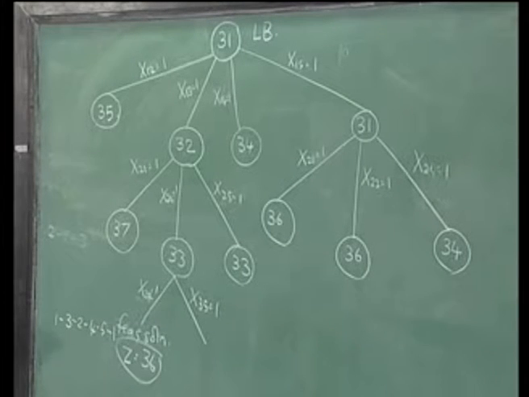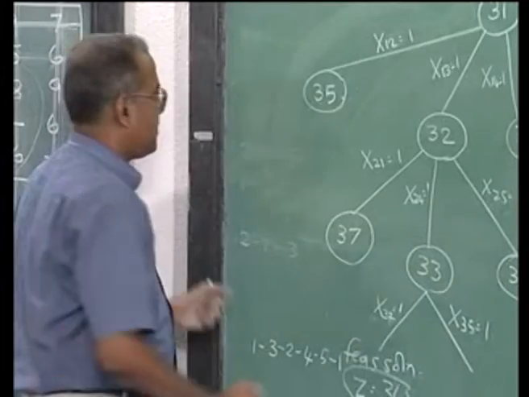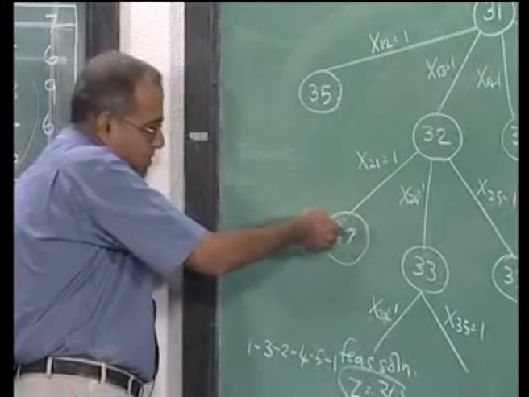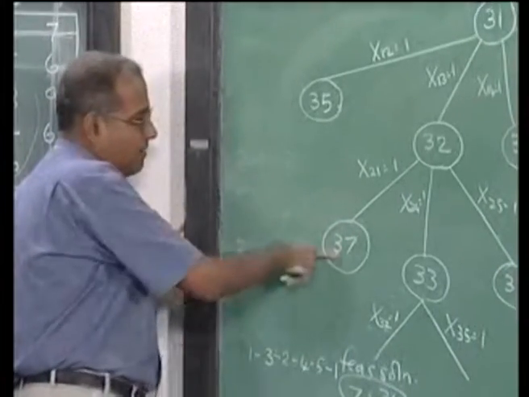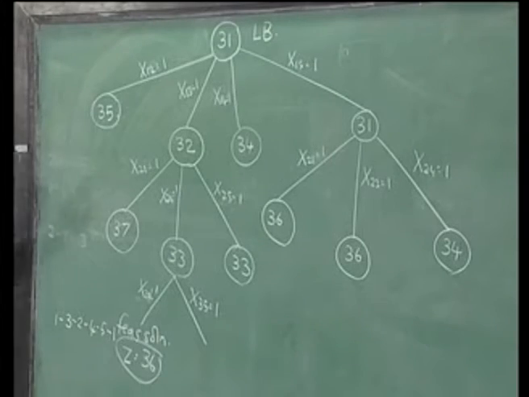Now, the moment I have a feasible solution with z equal to 36, I can do a few things. I realize that I do not need to proceed from here because if I proceed from here down, I will get values 37 or more. One of the properties of this branch and bound tree is that as we move down, the value can only increase and it cannot decrease.